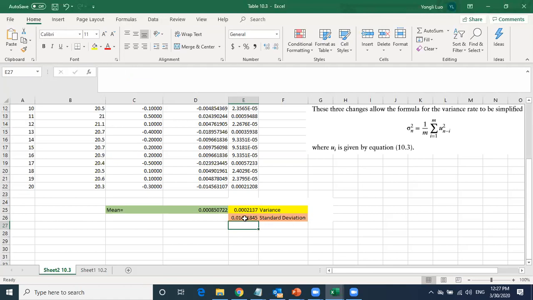So you estimate volatility. You can change it to percent or whatever. You can use different ways to estimate volatility.